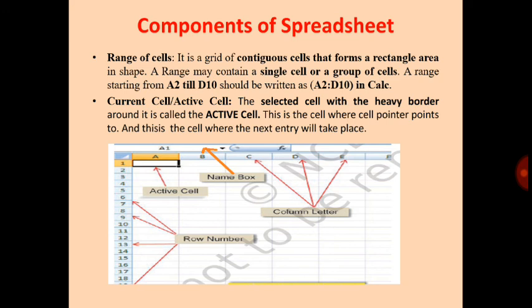The selected cell with the heavy border around it is called the active cell. This is the cell where the cell pointer points to, and this is the cell where the next entry will take place. We can see in the given figure various components of a worksheet.